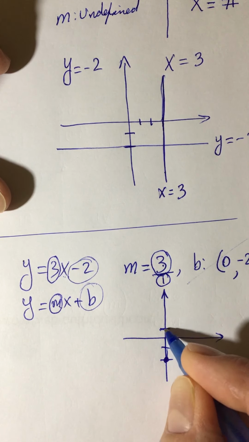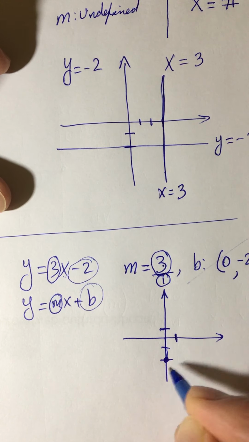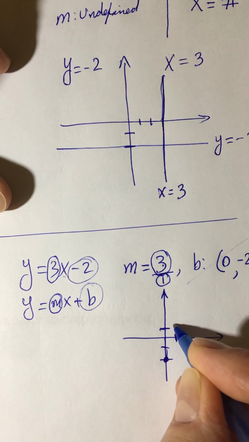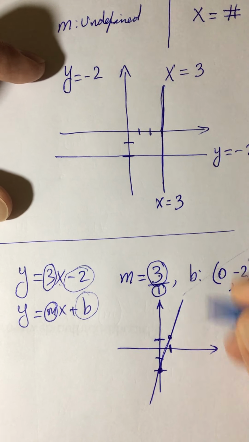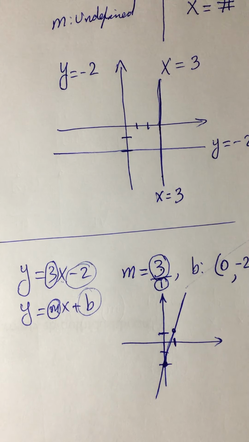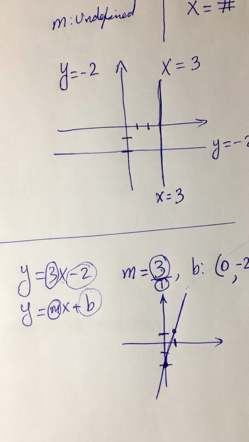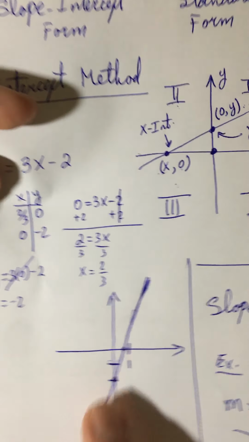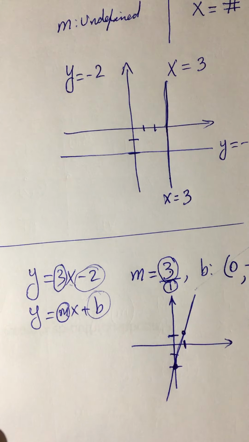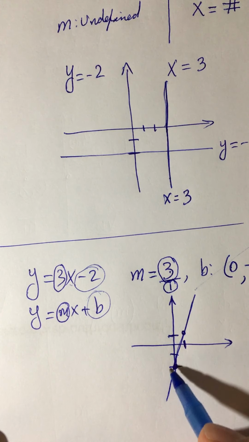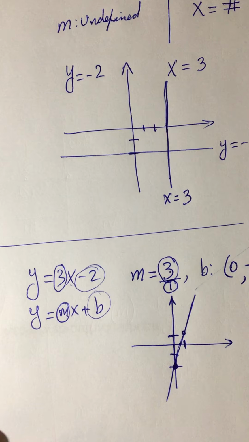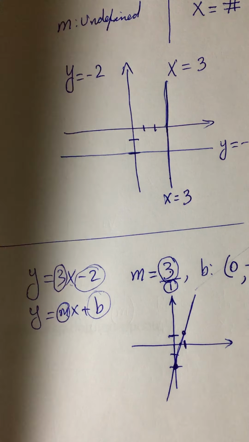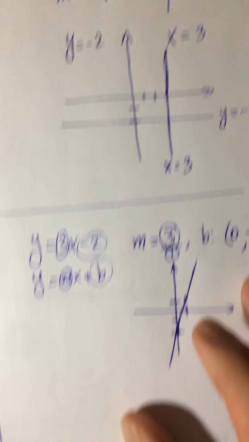And then 1 unit to the right. Rise over run. So there you go. So we got the same line as our previous example. You see? Same line. Except we use the slope and the y-intercept instead of the y-intercept and the x-intercept. And the x-intercept we had originally was there. Okay? Let me give you one more example.